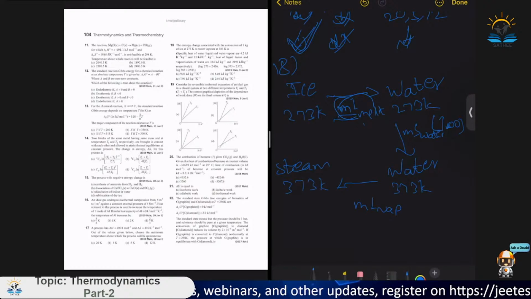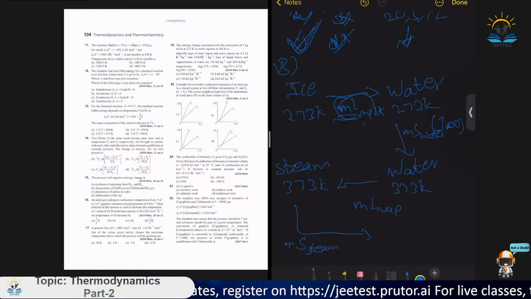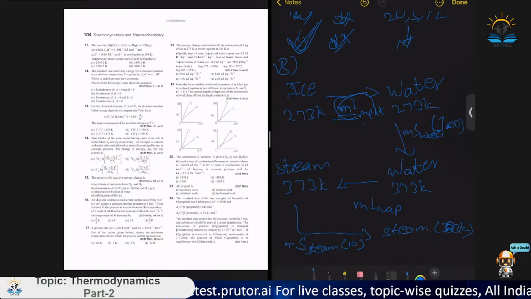Steam at 373 Kelvin. And as steam is heated, we have steam at 383 Kelvin.